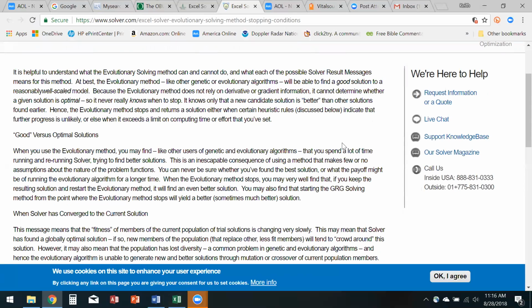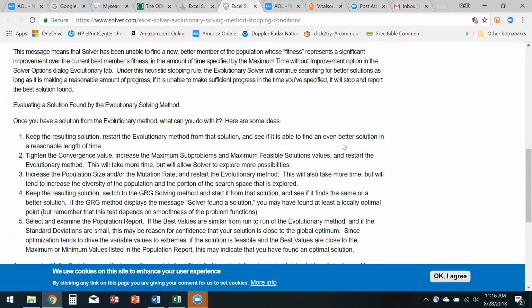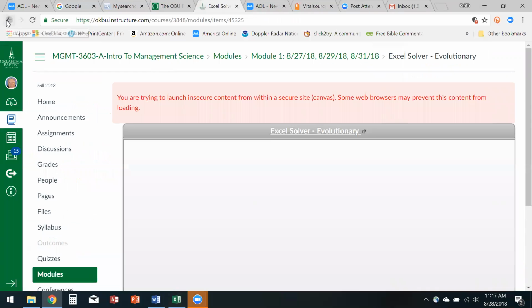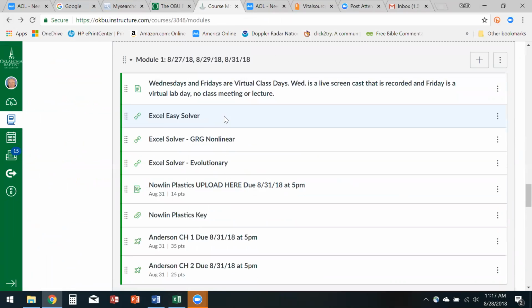But the solver tool will say, hey, I'm just going to keep churning through this until I get a good solution, or I get the best solution I can get given the number of trials I intend to run. And they give you some ideas on handling it and working with it. I have a resource there for you.